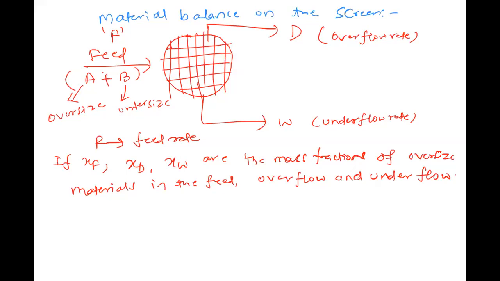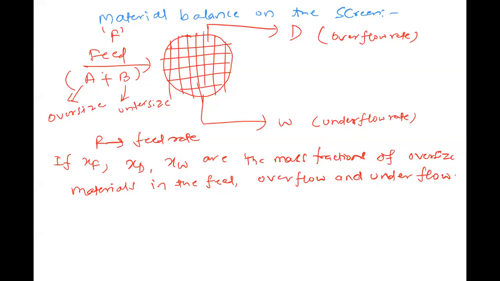Oversize means the larger particles which are not passing through a particular screen size. Undersize means the particles which are passing through the screen.